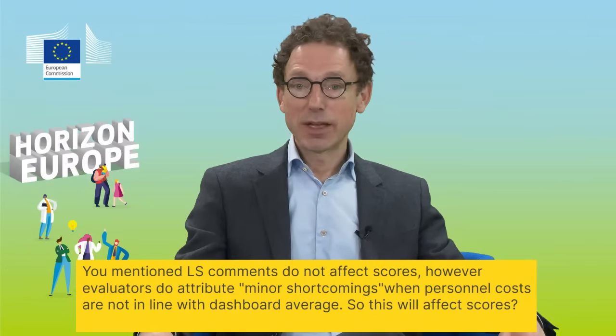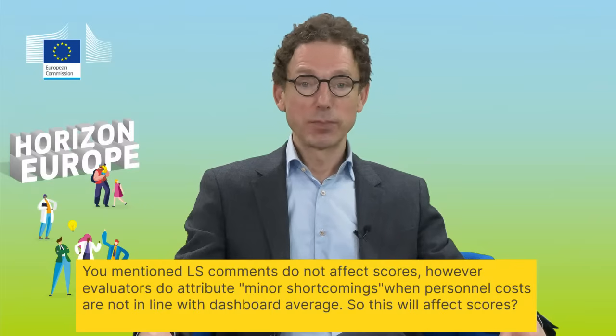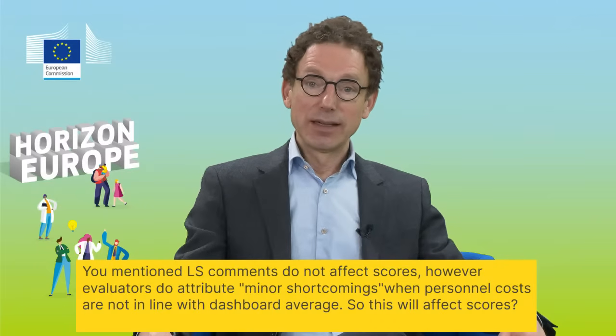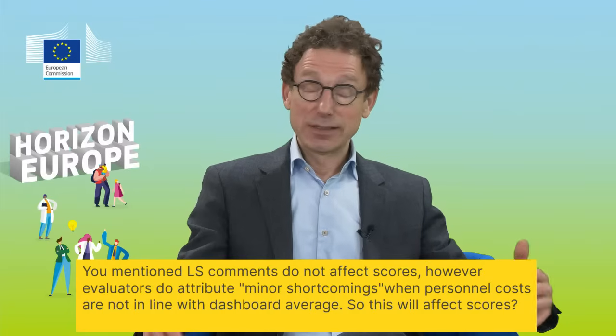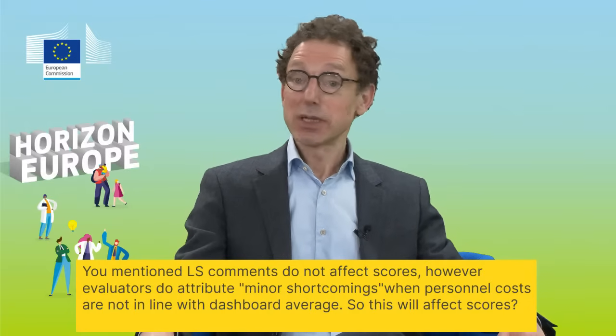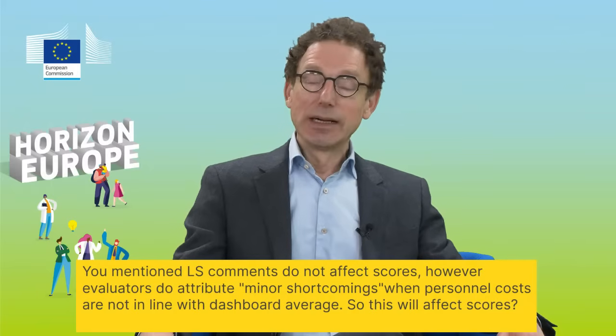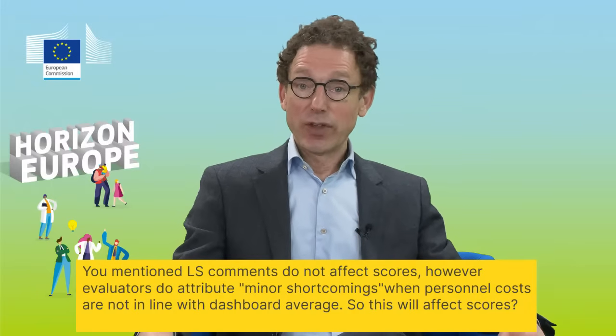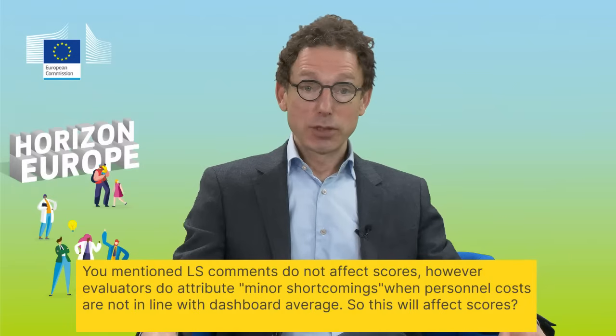So if you believe that your score was lowered because you had overestimated a cost item in your budget, and then indeed it shouldn't, then you can always go for a redress and say that was a mistake in the evaluation procedure.